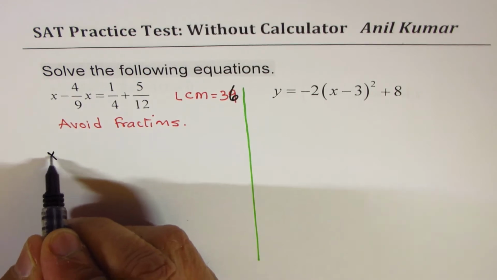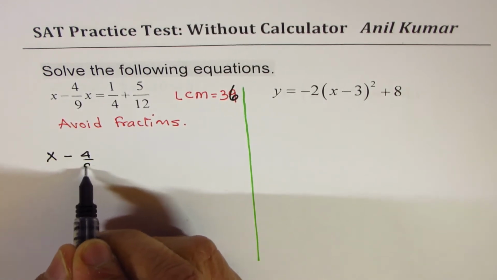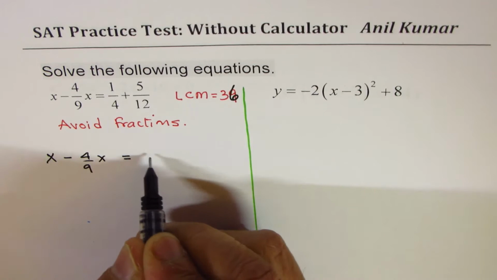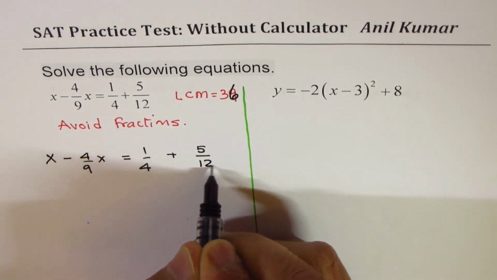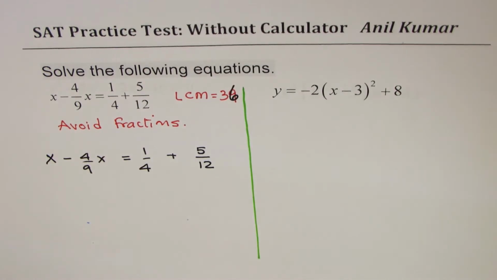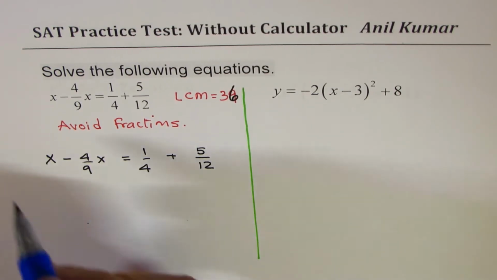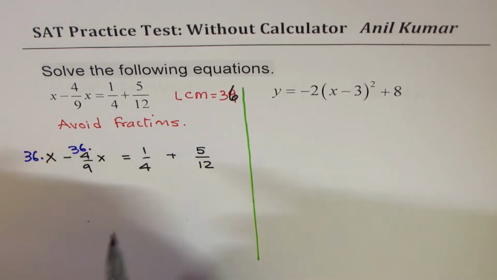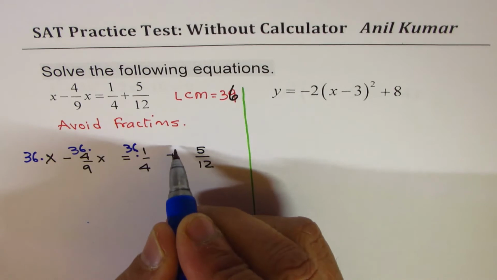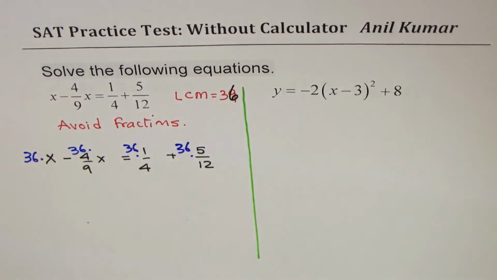So what do we get? We have x minus 4 over 9x equal to 1 over 4 plus 5 over 12. What we are going to do here is multiply each and every term with 36, correct? 36 times this, 36 times this, 36 times this, 36 times this. Once you do that, you can simplify and get a linear equation to solve.